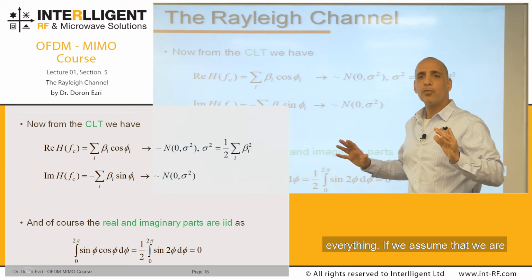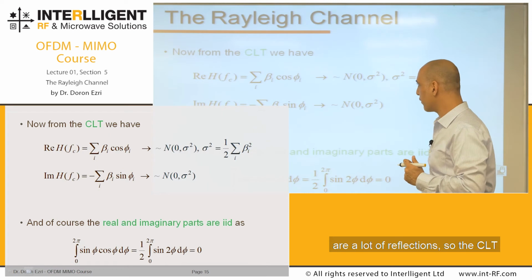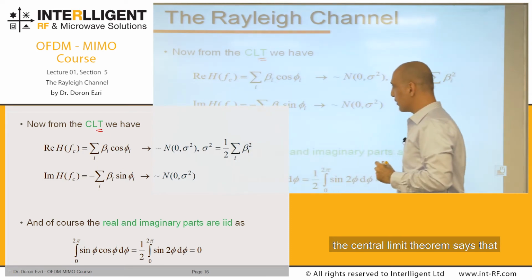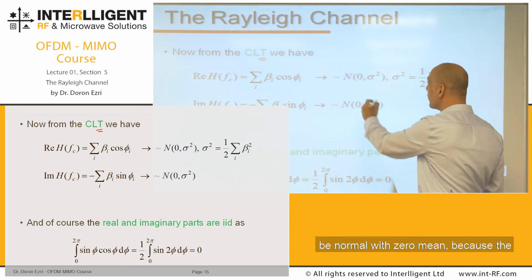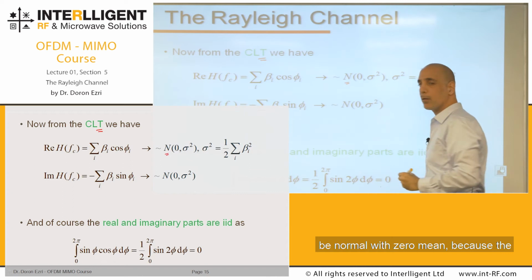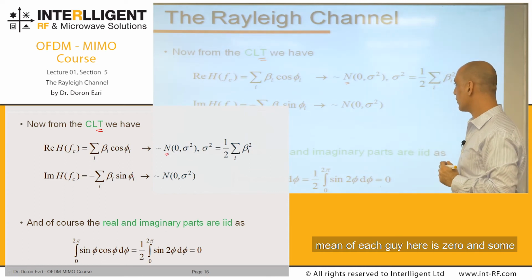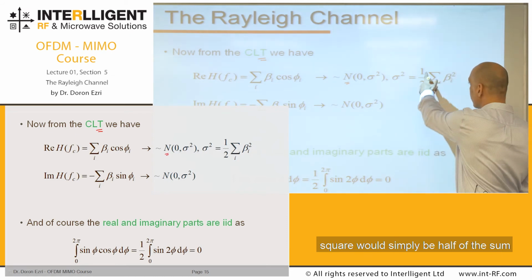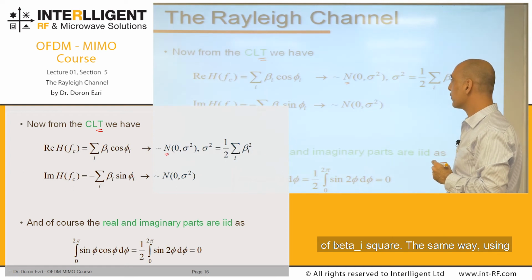Excellent. And now to the key observation, the key point, maybe the basis, the engine of everything. If we assume that we are in rich multipath, meaning that there are a lot of reflections, then the CLT, the central limit theorem, says that the real part of h(fc) would tend to be normal with zero mean, because the mean of each term here is 0, and some variance sigma square. In our case, sigma square would simply be half of the sum of beta i square.